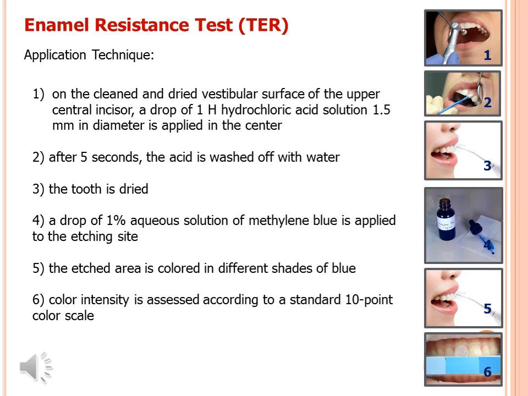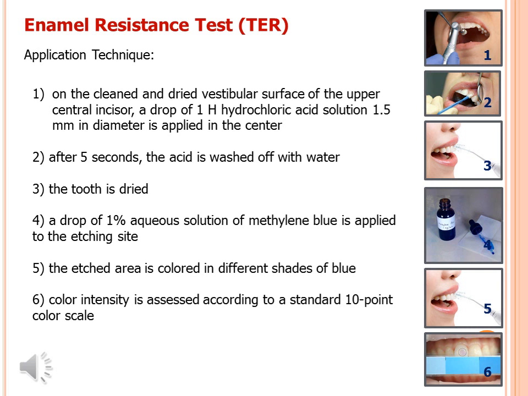There are 6 steps to do these tests. The first one is: on the cleaned and dried vestibular surface of the upper central incisor, a drop of 1N hydrochloric acid solution, 1.5 mm in diameter, is applied in the center.